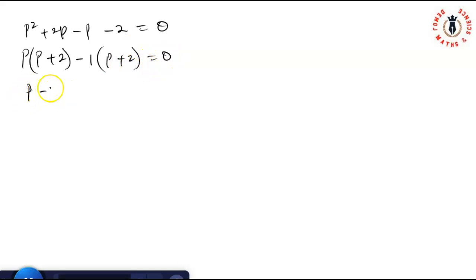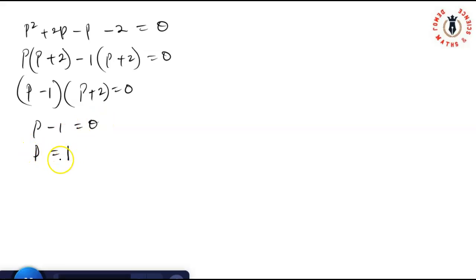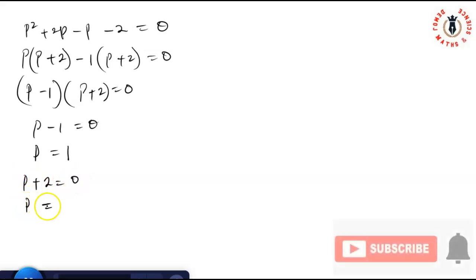So that p minus 1 into p plus 2 is equal to 0. Now, if p minus 1 is equal to 0, that means p is equal to 1. And on the other side, if p plus 2 is equal to 0, that means p is equal to minus 2.